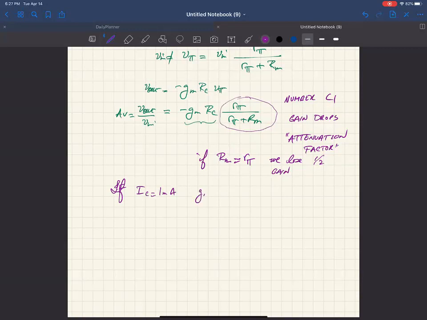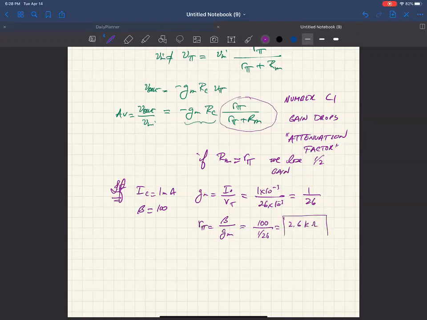Gm is I sub C over V sub t, so it's 1 milliamp over 26 millivolts, equal to 1 over 26. R sub pi is just beta over Gm. Let's say beta is 100, which is a typical value. So that's 100 over 1 over 26, so R sub pi in this particular case is 2.6 kilo ohm.